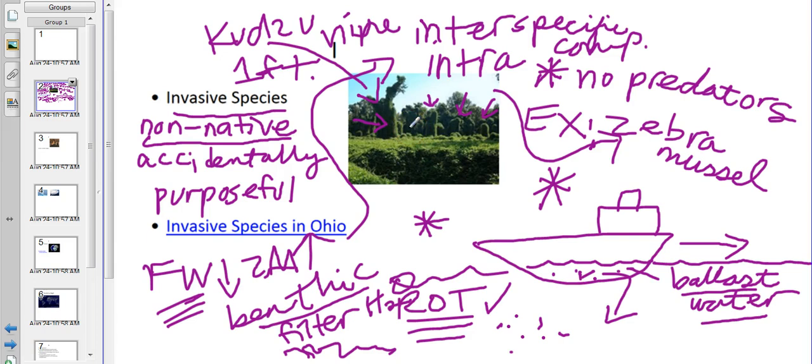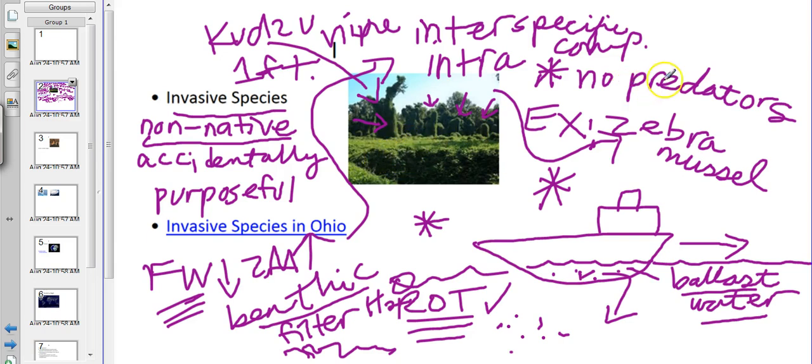If you've ever been down south and you've driven along I-95, which is the main interstate going down to Florida, you'll see kudzu vine in North Carolina, South Carolina, Georgia, and Florida. We're starting to see it spread up into Virginia, West Virginia, and Maryland, and eventually Kentucky and Ohio. So it'll definitely spread through there.